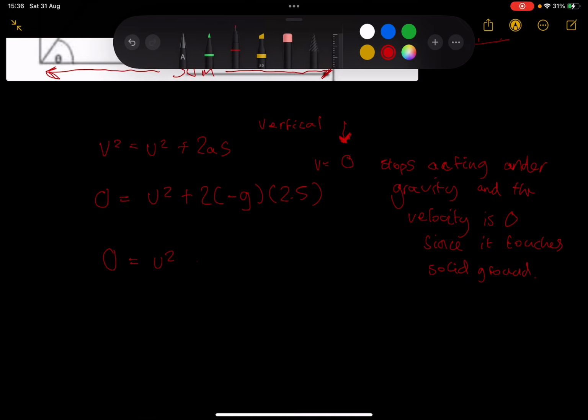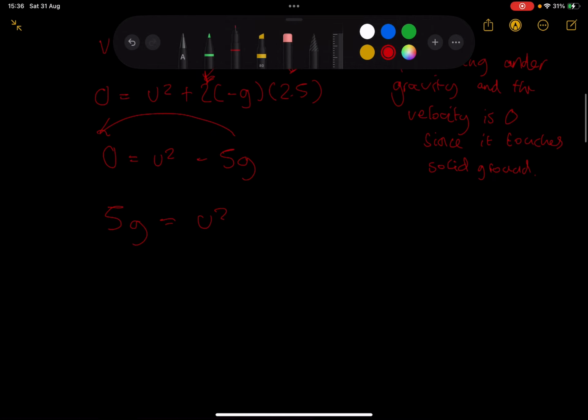This would equal minus 5g, since we times it by 2.5. And now move it over to the other side to get the value of u squared. 5g equals u squared.